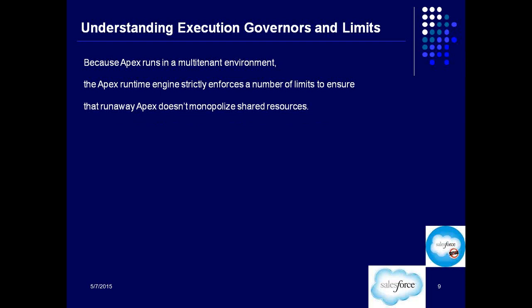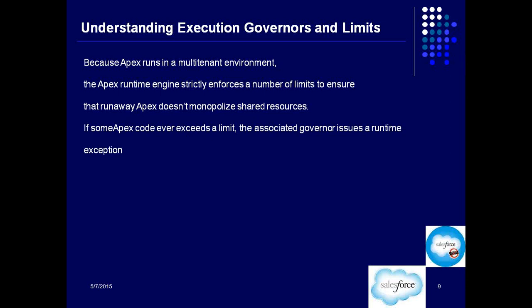Okay, so that's the reason why there are some governor limits which are imposed by Salesforce.com. If some Apex code ever exceeds a limit, the associated governor issues a runtime exception. Okay, so very simple concept.